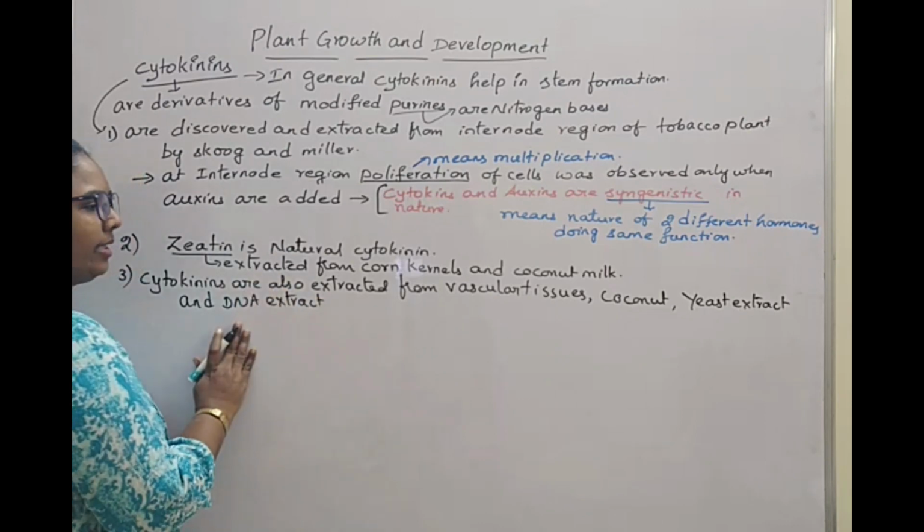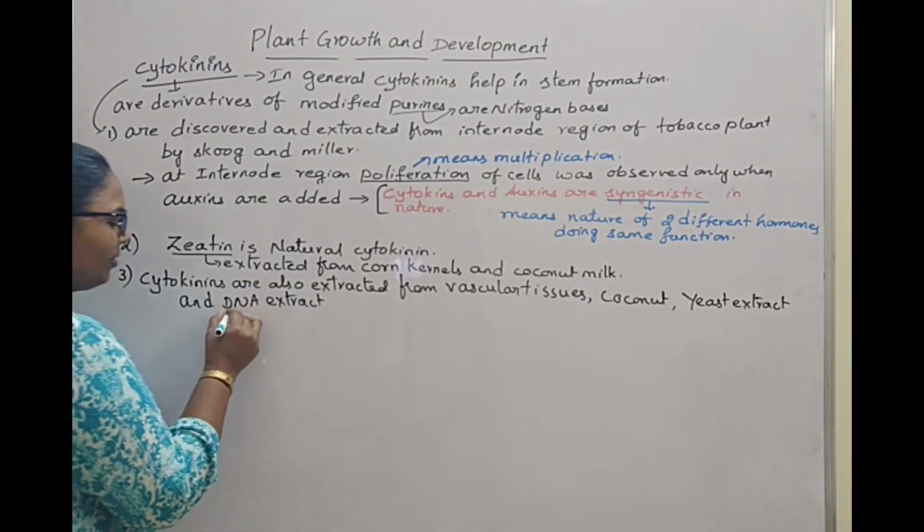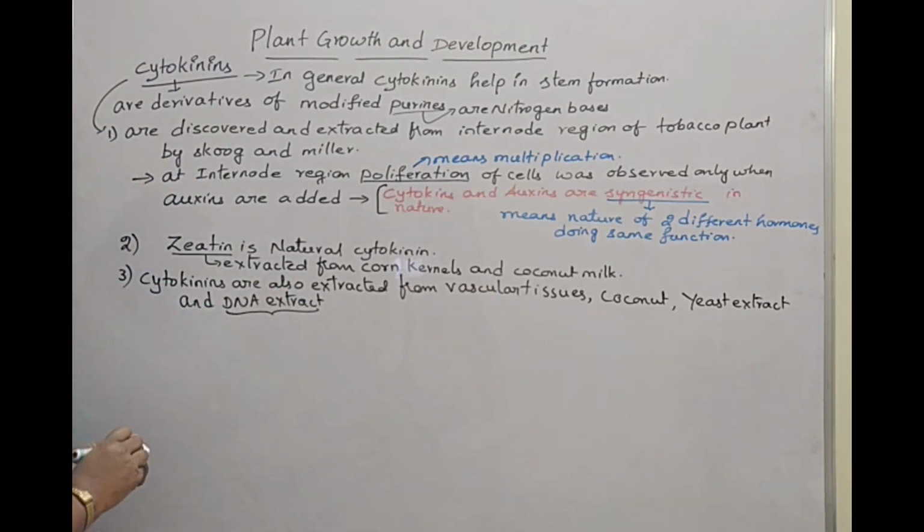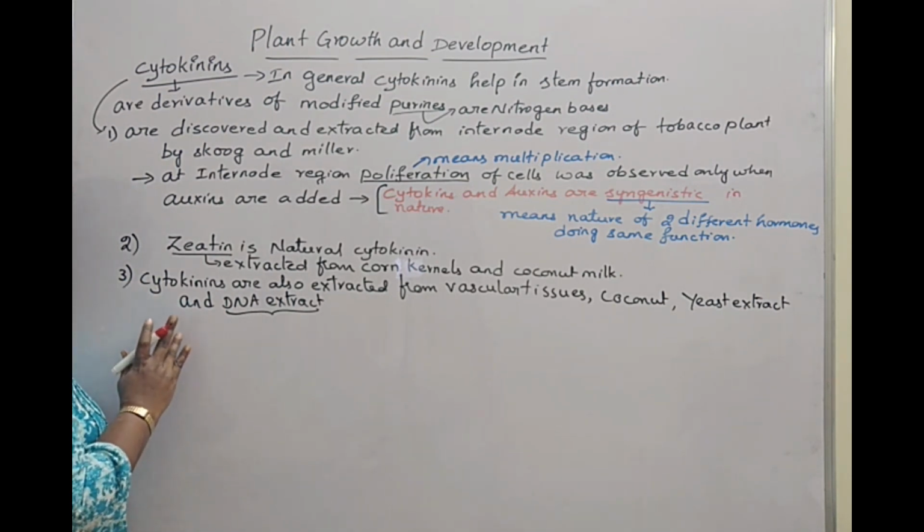It means that cytokinins can be extracted from DNA and from yeast also. Cytokinins were also observed by Skoog and Miller in the form of kinetins from autoclaved herring sperm DNA.